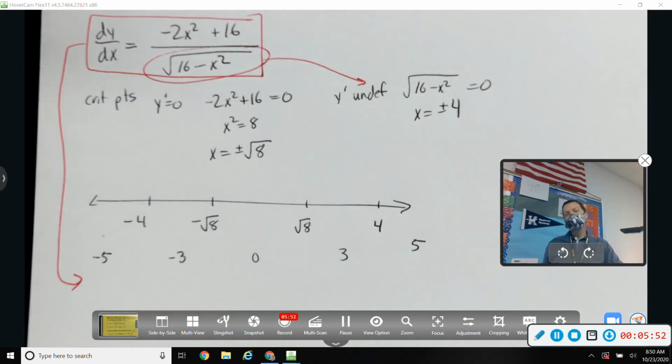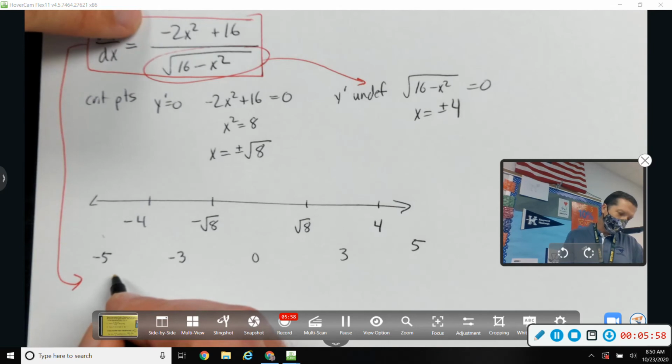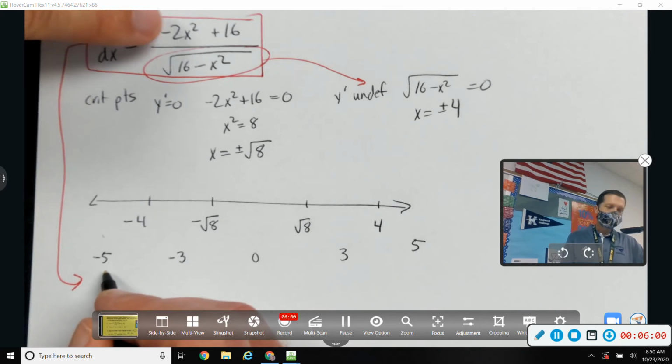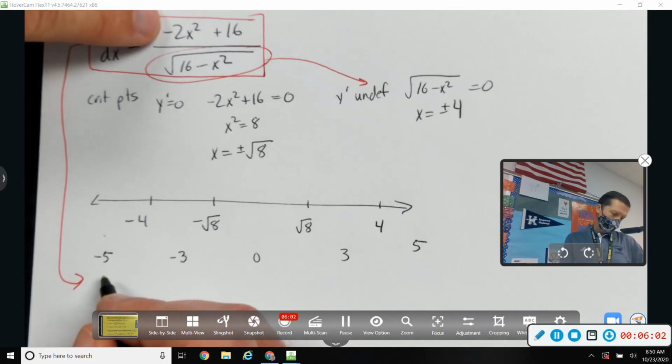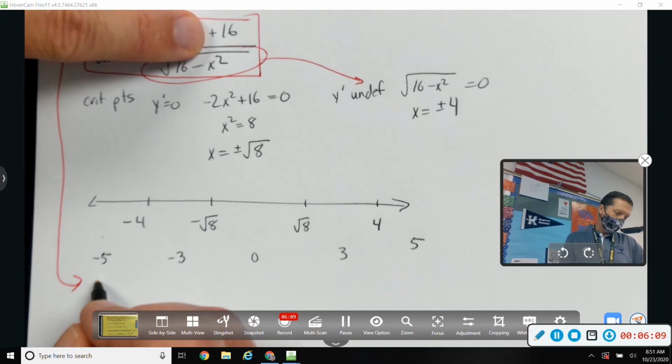Alright, so from here on it is just algebra, really. I'm just plugging in to see what happens. So I plug in negative 5. I squared it before my brain finished saying the word. That'd be 25. Negative 50 plus 16 is negative.